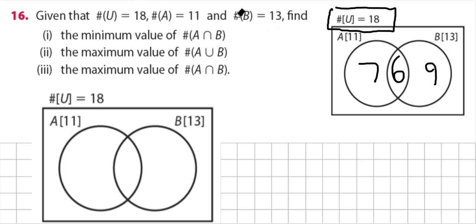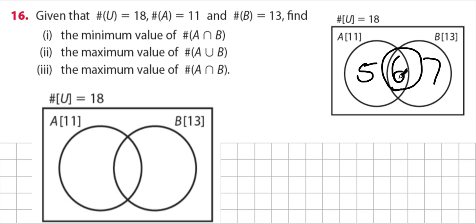Okay. Let's see. 6. What do you reckon this time? 11 take away 6. And 7. Add it together. 18. Perfect. 18. That is your most extreme example where you're trying to keep the middle as small as possible.